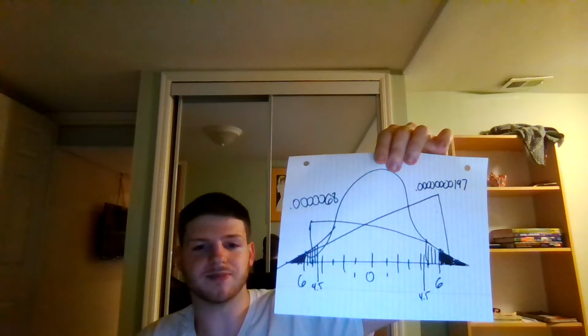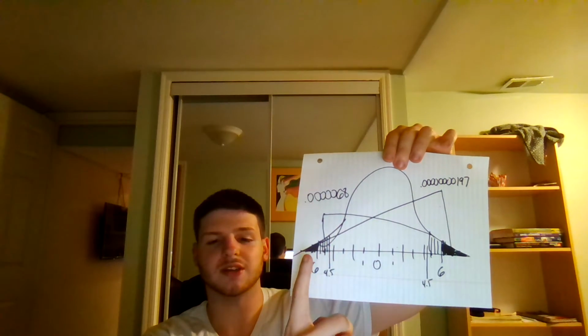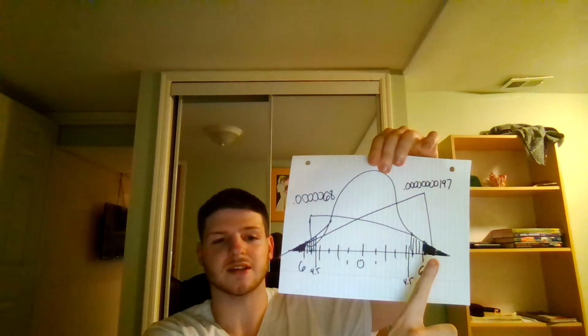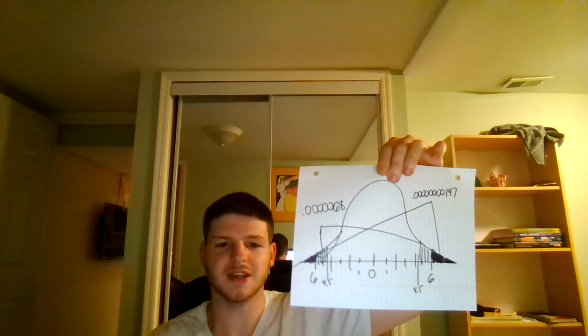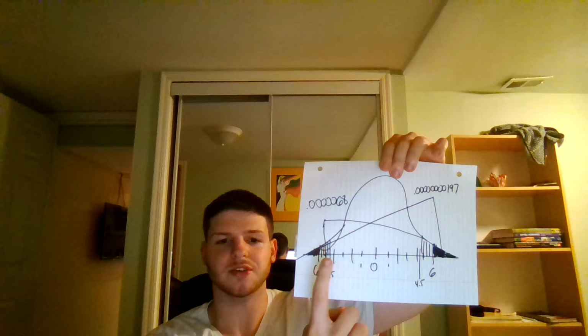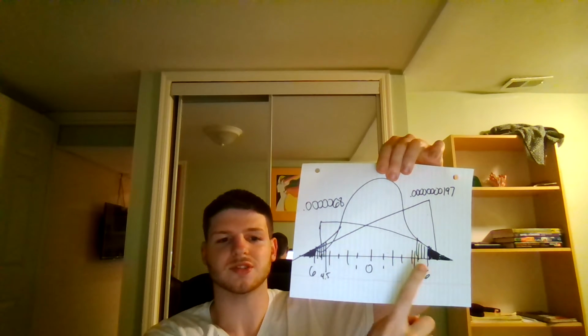So that would put your critical level at 4.5 standard deviations. And as you can see here, you still have your significant levels here at 6, outlying the 6 standard deviation, and then here is your critical levels.